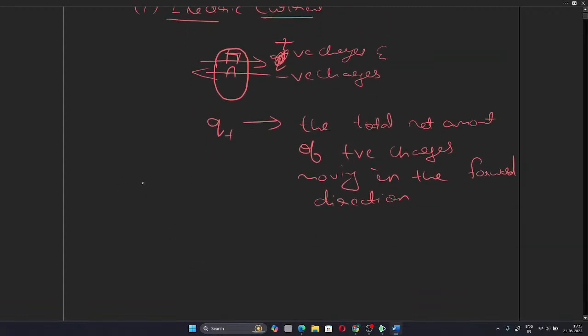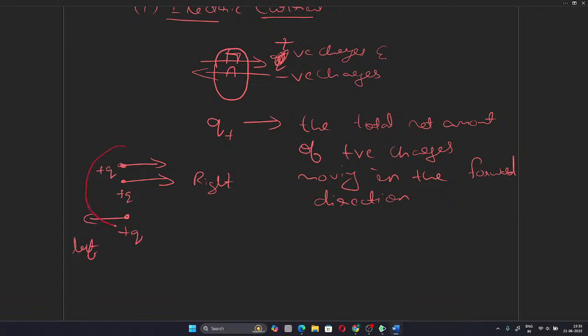Forward direction meaning if 1 plus q charge is going this side, let's assume 2 plus q charges are going to the right side. Let's assume in the same cross section, 1 positive charge is going to the left side.